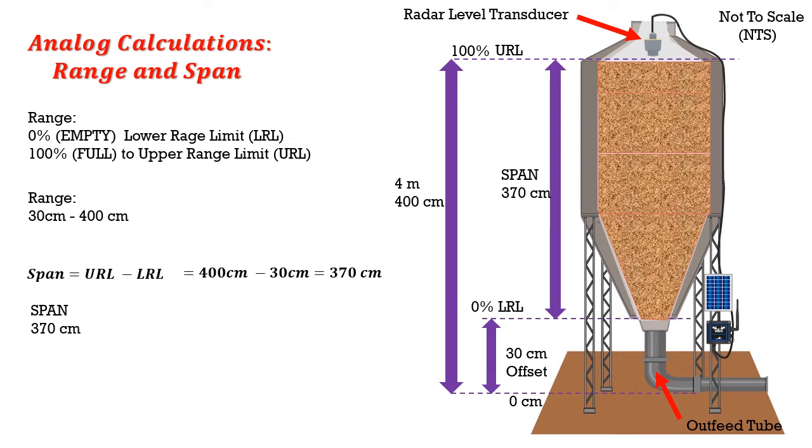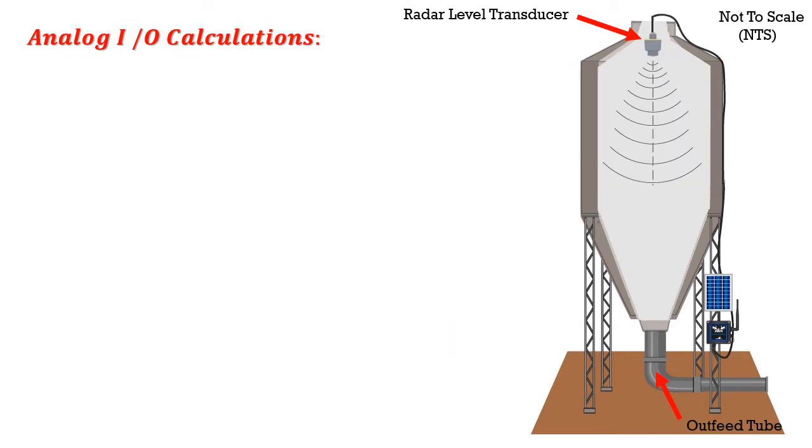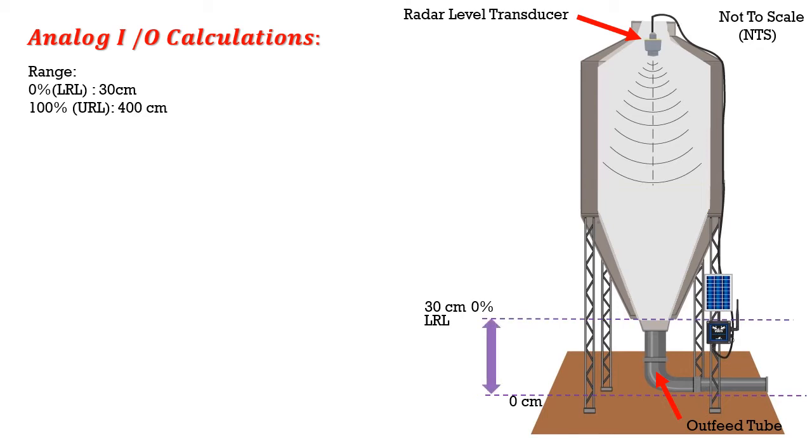So let's look at calculating some values as we add grain to our silo. So here again is our empty grain silo. Our outfeed tube, or just discharge tube, is at 0 centimeters or at ground level. Our lower range limit is at an offset of 30 centimeters from the ground.